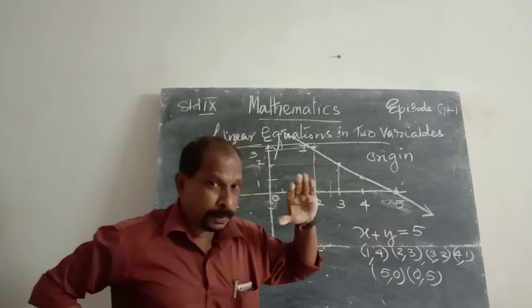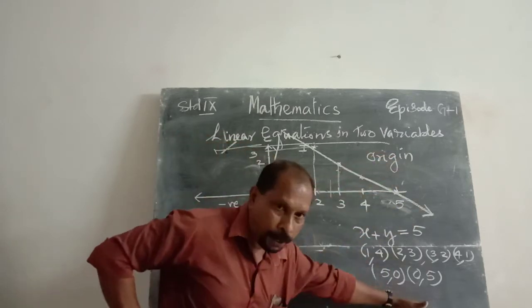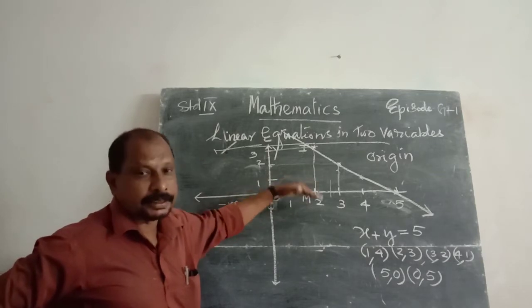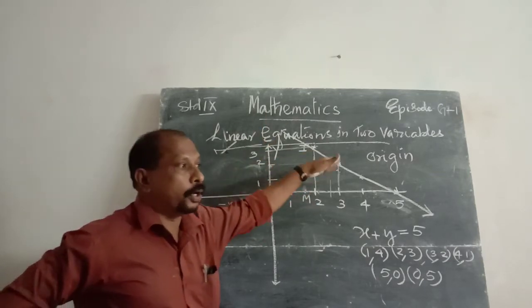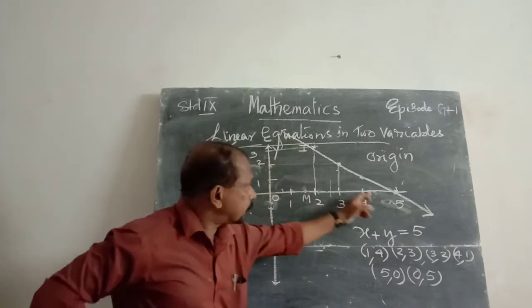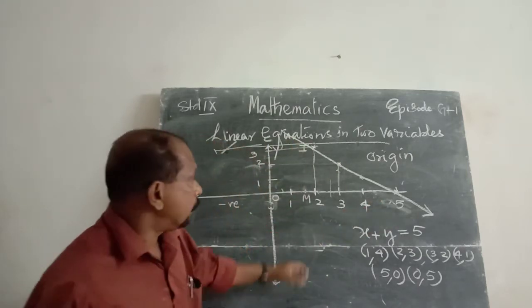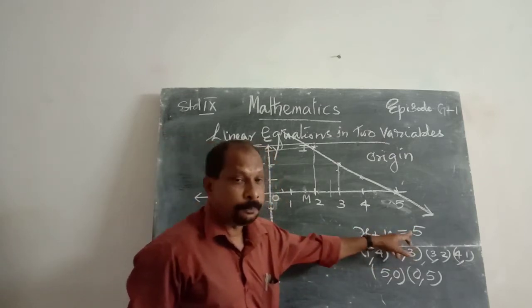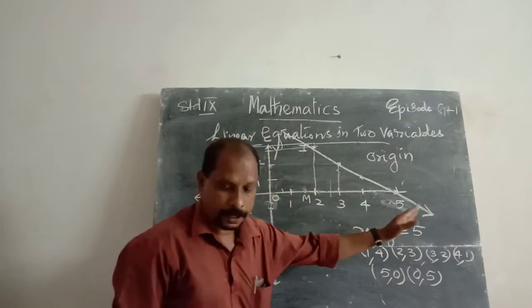We can present all these points in coordinate geometry, that means x-axis, y-axis, and also in the plane. Therefore, the graphic presentation of that linear equation x plus y is equal to 5 is a straight line.